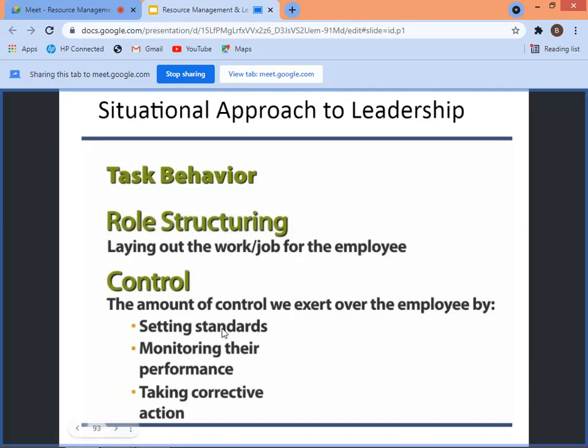So setting standards, monitoring their performance under the performance management or performance appraisal. Those are the things where you're going to see the strengths and the weaknesses of the employee from the performance appraisal. Then you're going to have feedback.